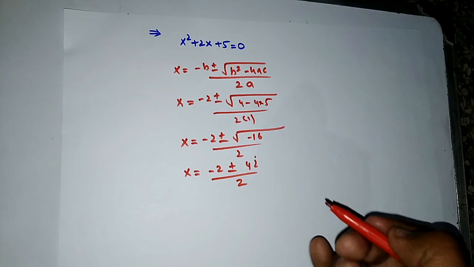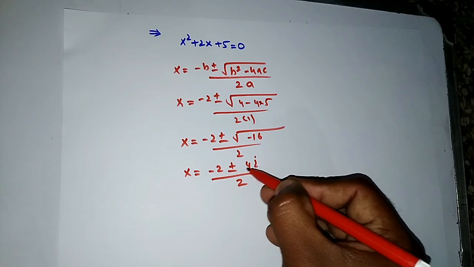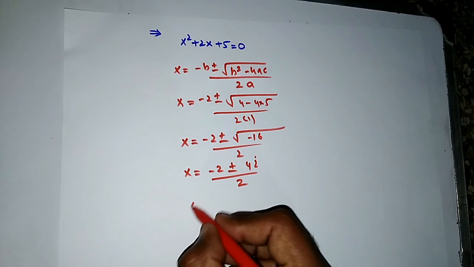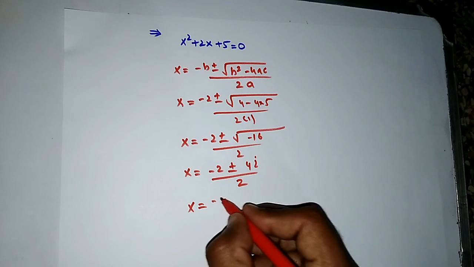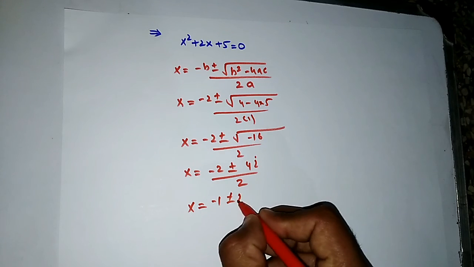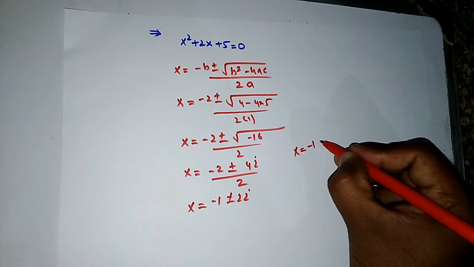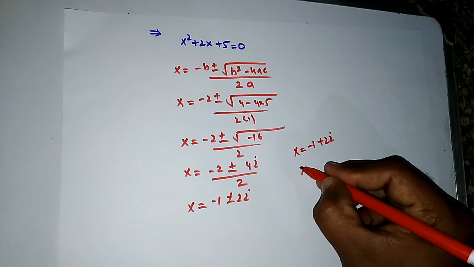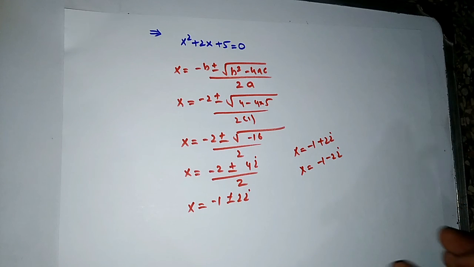Now as you know how we can solve it, I have directly written it as 4 iota. x is equal to minus 1 plus minus 2 iota. x is equal to minus 1 plus 2 iota, or x is equal to minus 1 minus 2 iota.